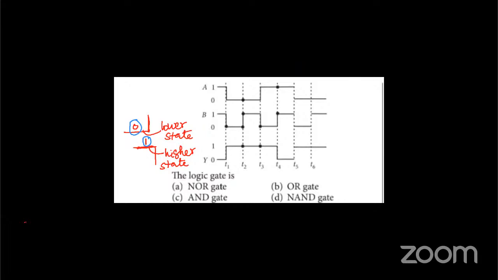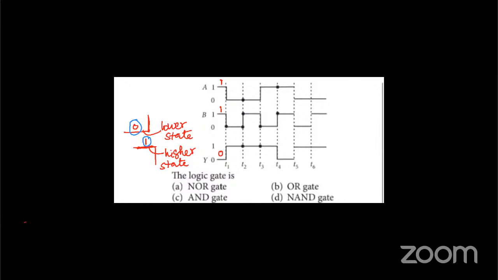Let us now substitute zeros and ones in the waveform. Here the value starts like this. Here this value becomes a higher state, so it is 1, and here it is also 1, and here it is the lower state, so it is 0. So this is the first waveform, we can number it.